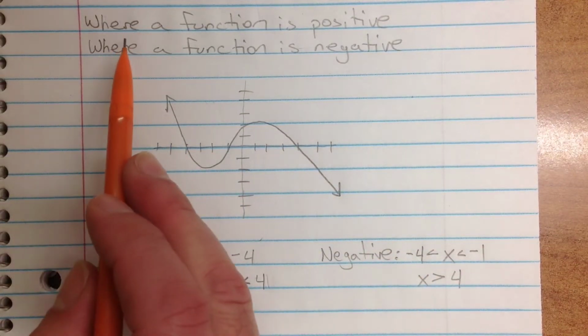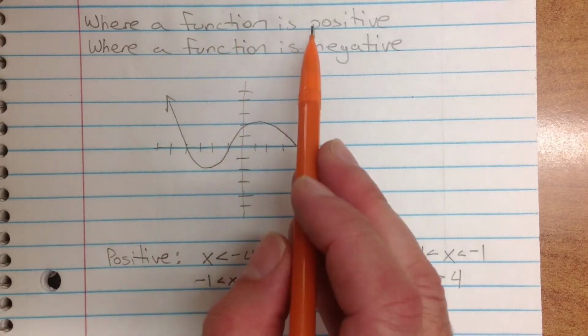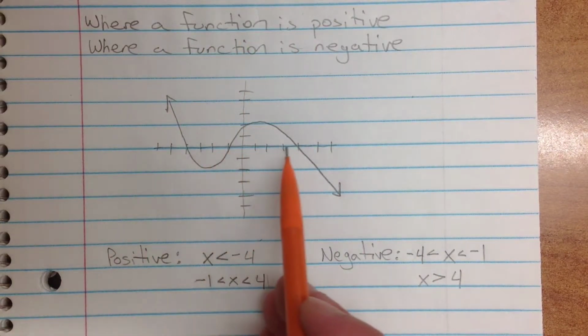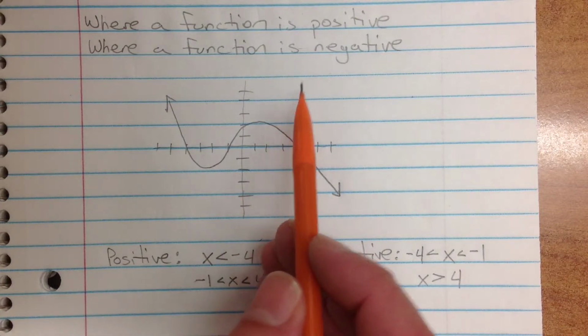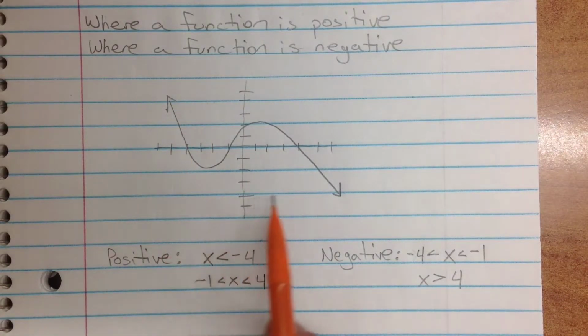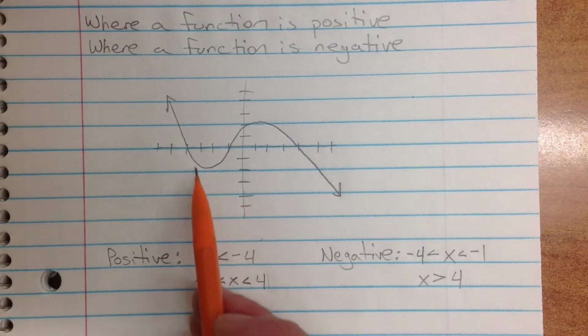So in this question, there's two parts. Where is the function positive and where is the function negative? If we're talking about functions and we're talking about our y values, where it's positive is up here in quadrant 1 and in quadrant 2. Where it's negative is down in quadrant 3 and quadrant 4.